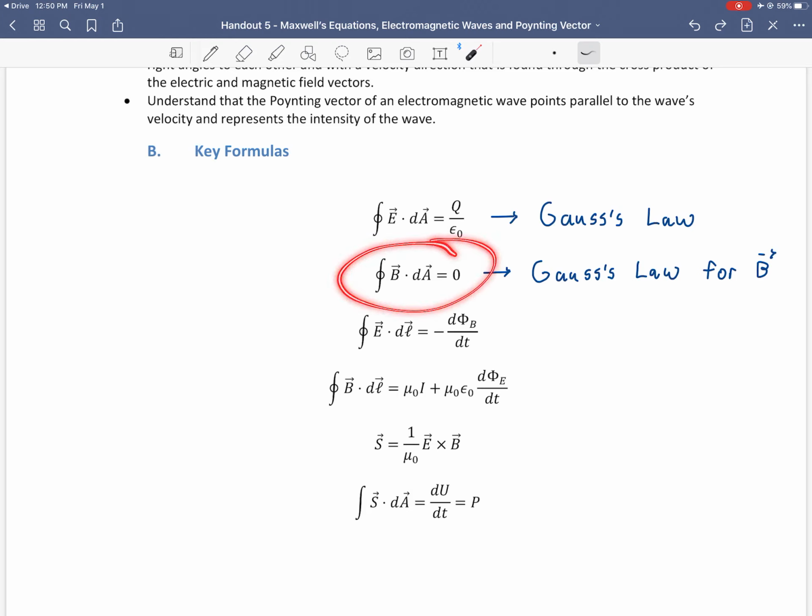And so sometimes you'll see Gauss's law for B fields summarized conceptually as just saying there are no magnetic monopoles. There's no such thing as particles that fundamentally have magnetism as a property in the same way that electrons and protons and other charged particles fundamentally have charge as one of their properties.